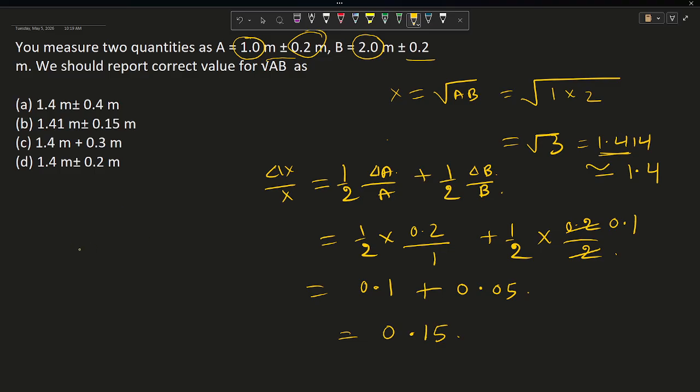Then the value of root over AB will be 1.4 plus or minus 0.15, and the error is up to 1 decimal place. So you have to reduce this to 1 decimal place. This 5 is odd, so it will increase by 1, so 0.2. This will be the right answer, option D.